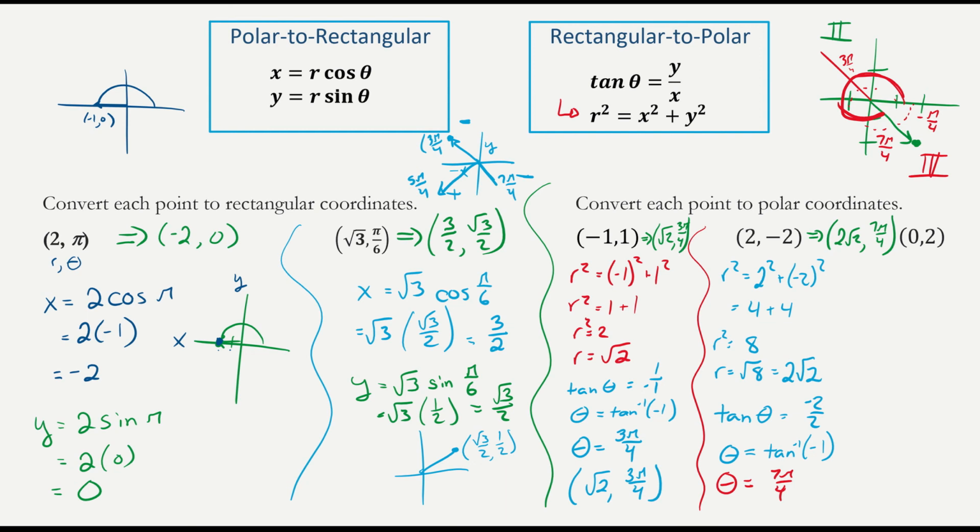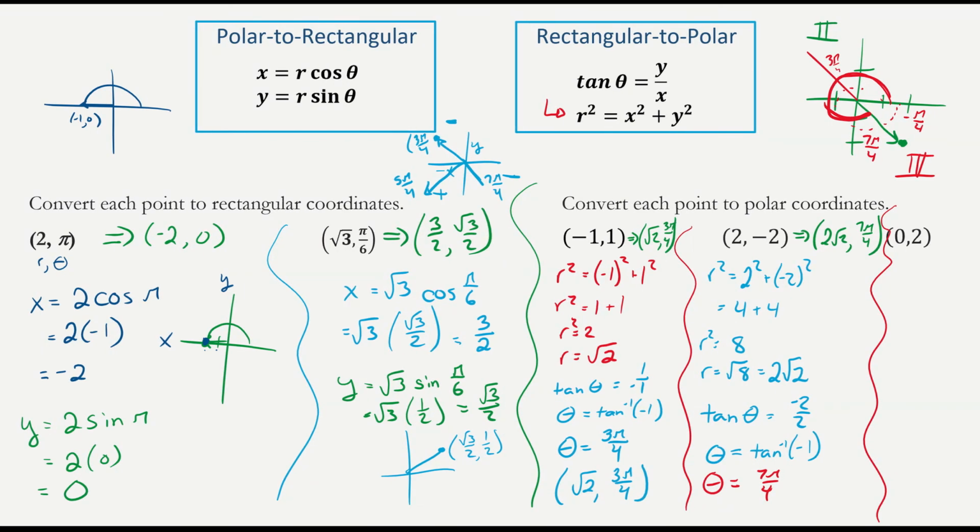0, 2. This one we're going to do with common sense because I could plug it into my formulas and figure it out. But it's a little bit easier if we just think about this. 0, 2, where is that? 0, and then I go up 2. That is right there. Let me draw it in light blue. There we go, it's that point.